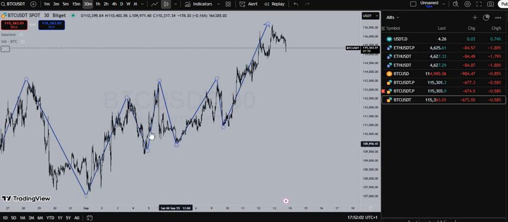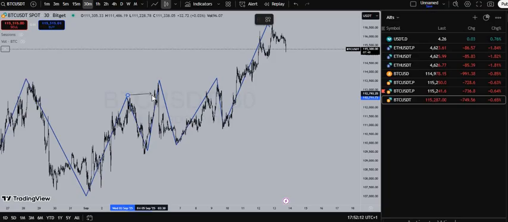Now, the market broke above the previous lower high of the downtrend, which is where this can be marked out as where we have our change of character. The change of character is basically that point where you have the market breaking a previously established structure to start a new trend.